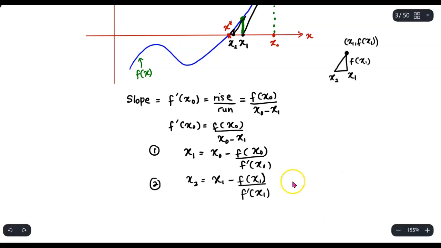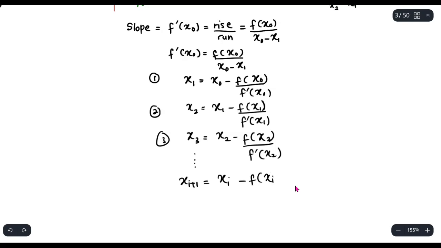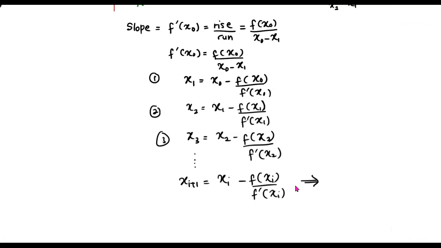Based on the pattern, if we want to write x3, it is going to be x2 minus f(x2) over f prime(x2). Therefore we can write x(i+1) equals x(i) minus f(x(i)) over f prime(x(i)). This is what you have in the algorithm of Newton-Raphson, or basically the Newton-Raphson formula.